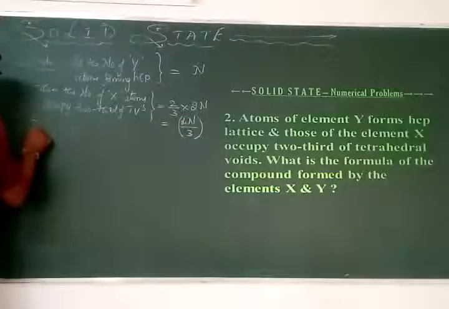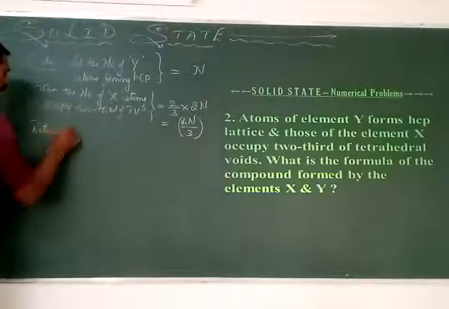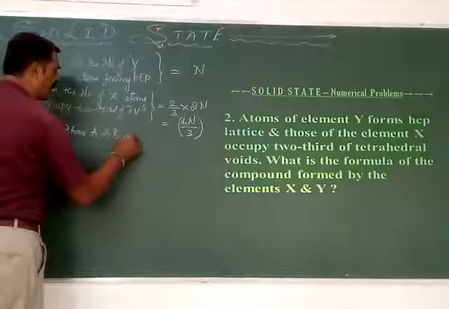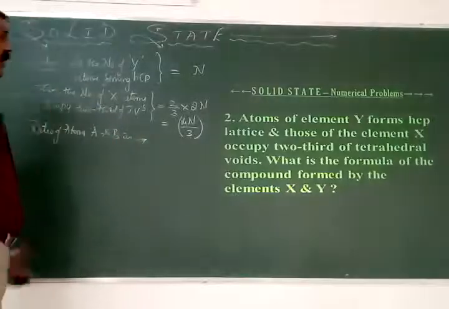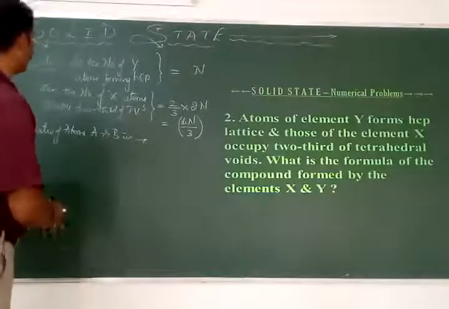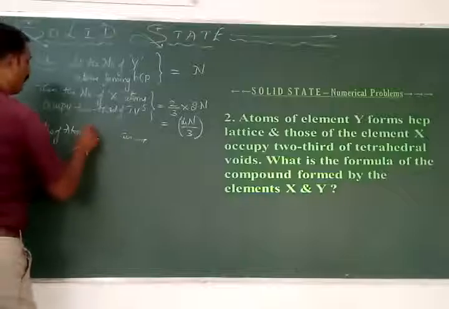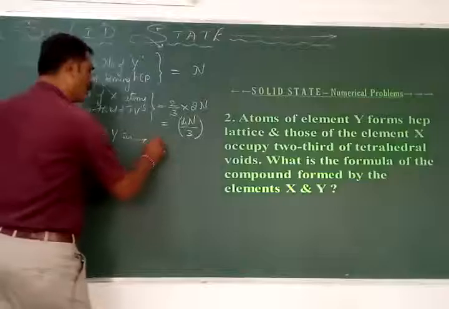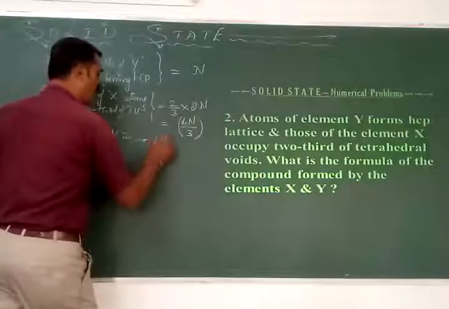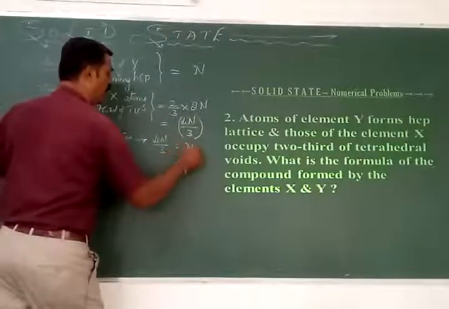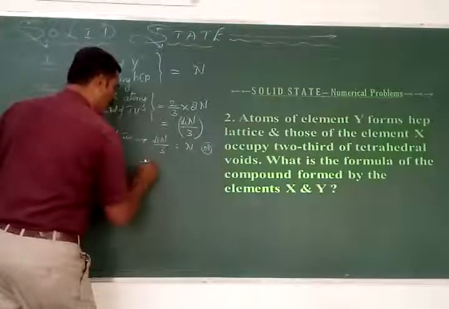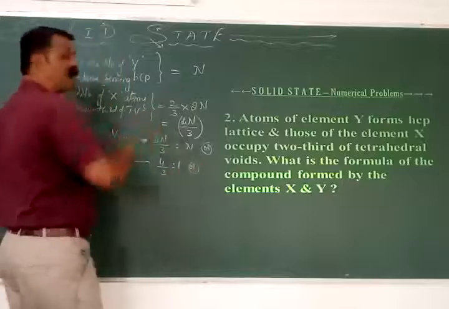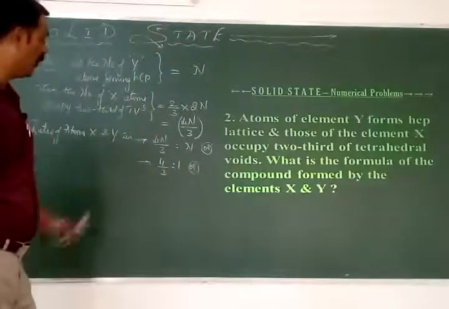Therefore, the ratio of atoms, sorry, it is not A and B here, it is X and Y. X and Y is, what is X here? 4N by 3 to N. As it is a fraction, let's convert that into a whole number.